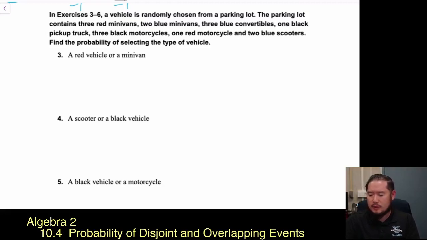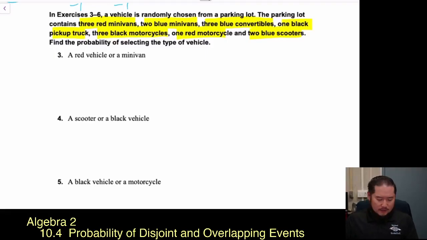And some important information here: the parking lot contains 3 red minivans, 2 blue minivans, 3 blue convertibles, 1 black pickup truck, 3 black motorcycles, 1 red motorcycle, and 2 blue scooters. And so we want to find the probability of selecting the type of vehicle. Problem 3 says, what is the probability of finding a red vehicle or a minivan?